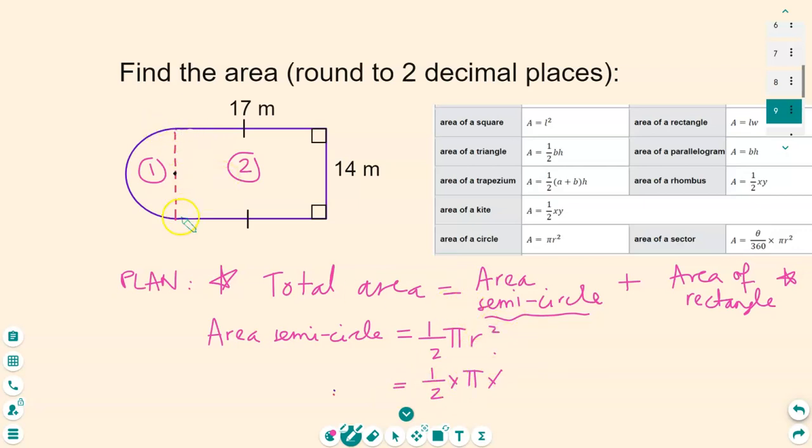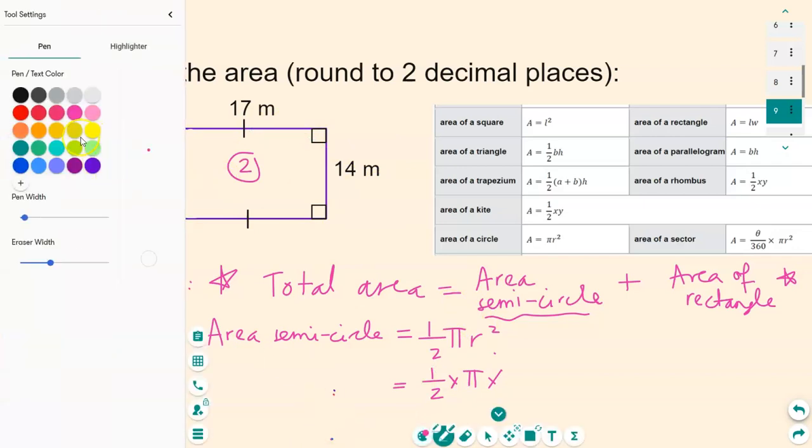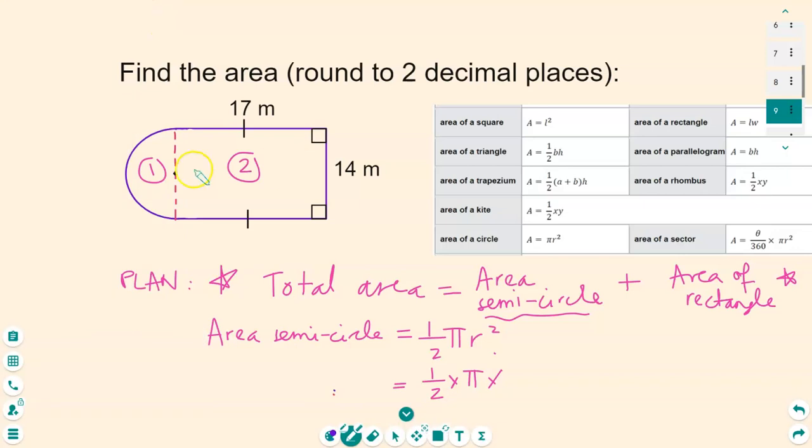Now, we haven't actually been given this bit, so you've got to look at the diagram and try and deduce some things from there. Let's get a different color. If we see this, that's the same distance all the way across. So I can also say that this is 14 meters. Now, is this the diameter or the radius of the circle?